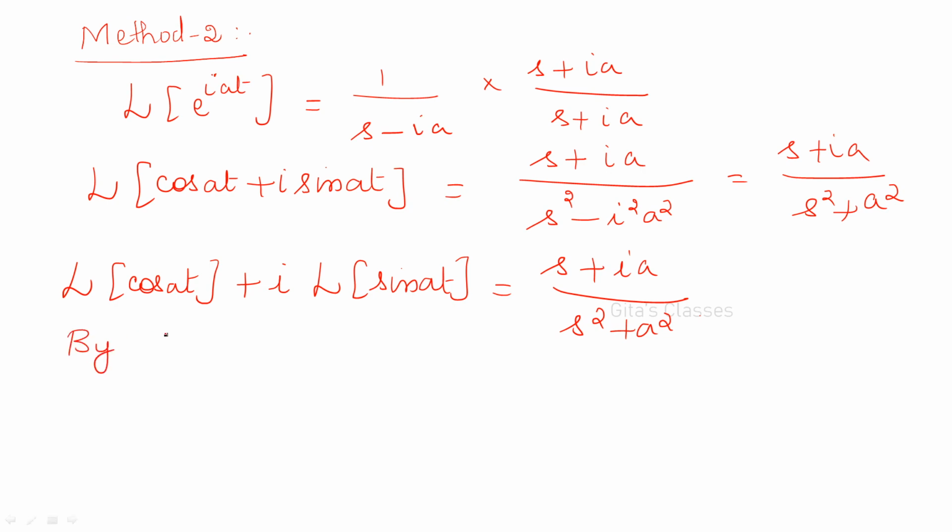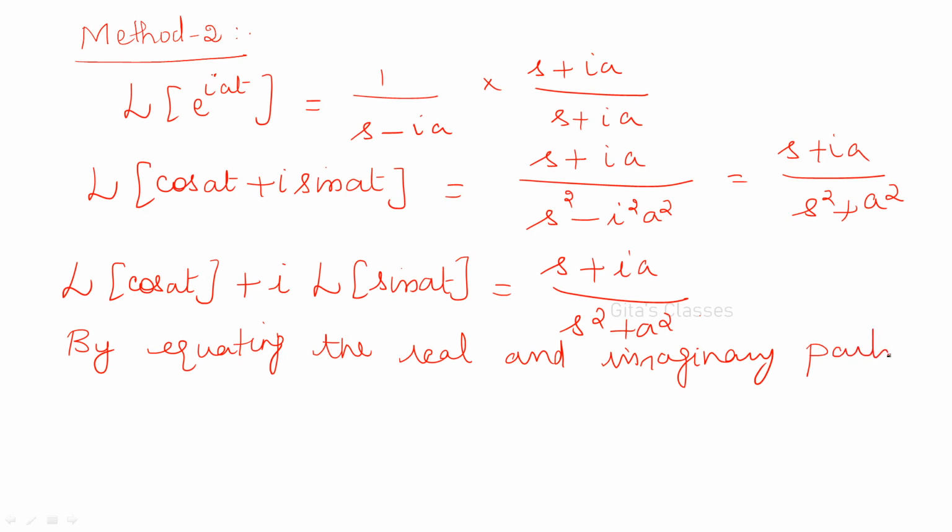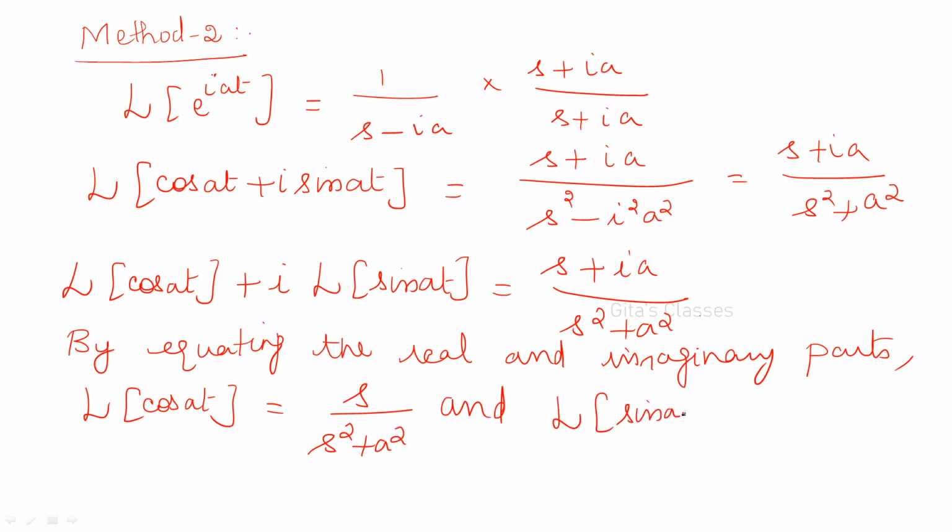By equating the real and imaginary parts on both sides, we get L of cos at is equal to the real part, s by s squared plus a squared, and the imaginary part is L of sin at in the left hand side, and a by s squared plus a squared is the imaginary part in the right hand side.